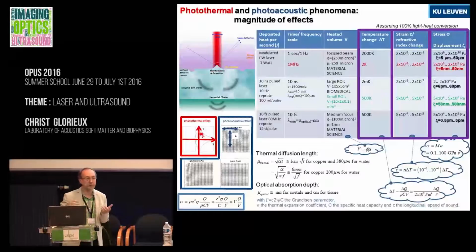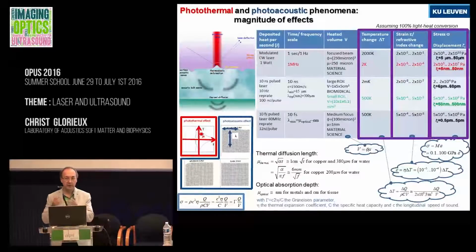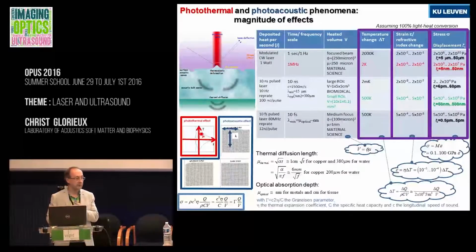So, roughly speaking, I'm setting them equal. Of course it's not exactly true, because the polarizability also plays a role. But roughly speaking, a change of 1% in density gives you order of magnitude 1% in the refractive index. Do you agree? Because you know better than me, actually.